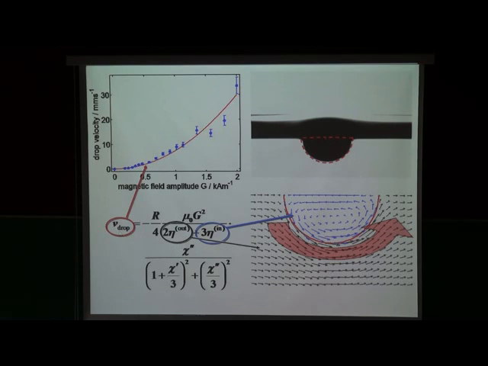And here you see that we don't have any fitting parameter, so experiment and model surprisingly fit. And we were quite astonished. And I don't know why this agreement is so good.